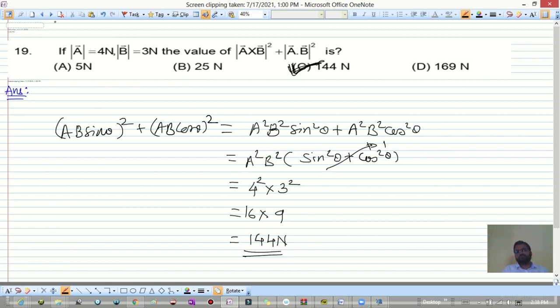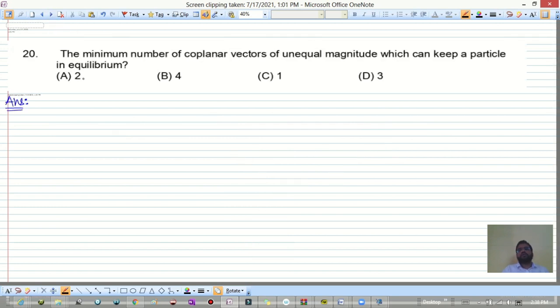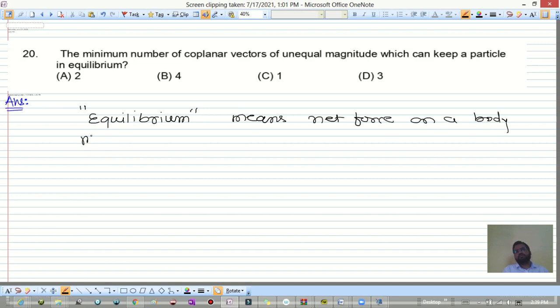Next, 20th question. The minimum number of coplanar vectors of unequal magnitude which can keep a particle in equilibrium. So equilibrium indicates that the net force on a body must be 0.